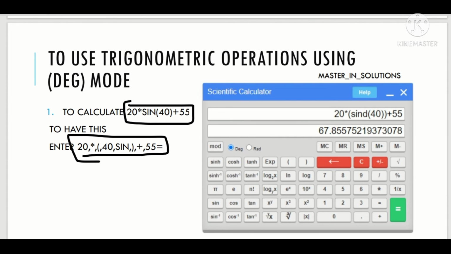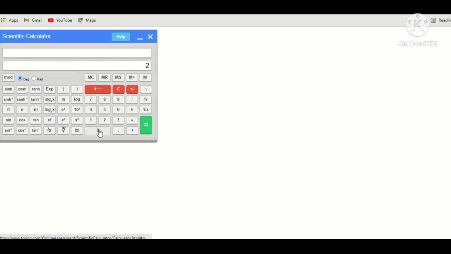Let me write this, 20 into, and what is the value? Let me denote sine 45, and next I am pressing plus 20 here, and equals, and this is the value I am getting, which is 20 sine 45 plus 20.